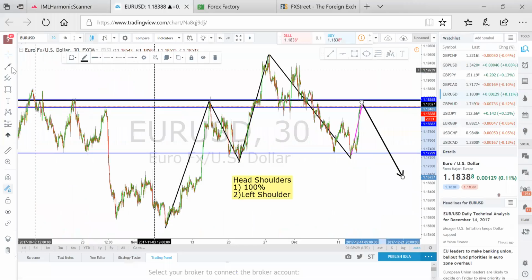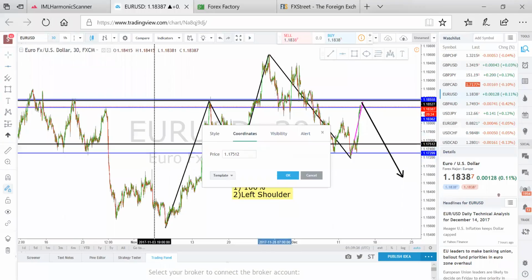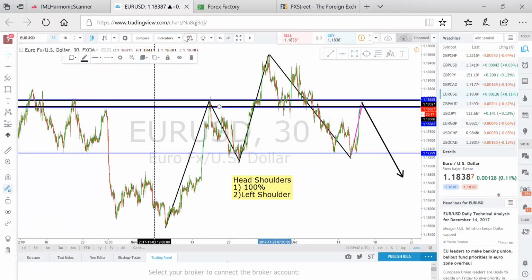If I put a line here, type in 18386. So is that the red line? So right now, the harmonic scanner is predicting that if price is at that point, it's a good entry price.